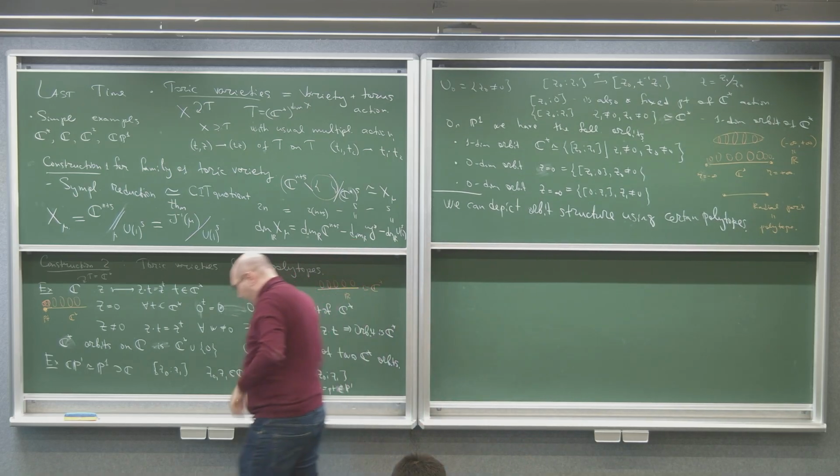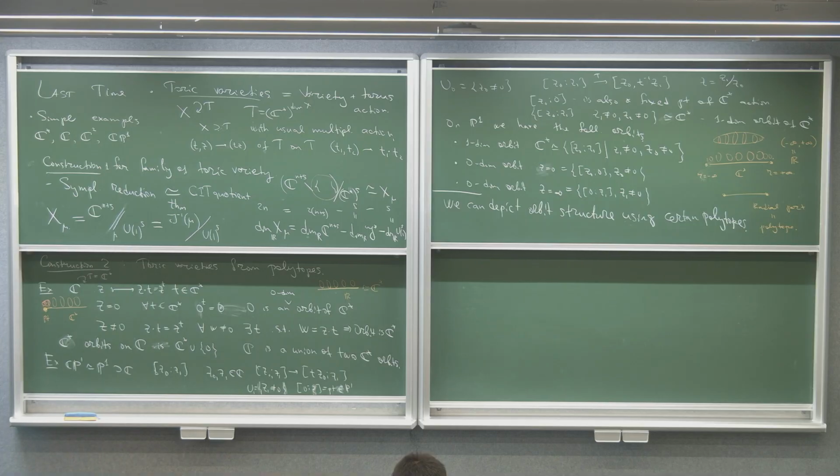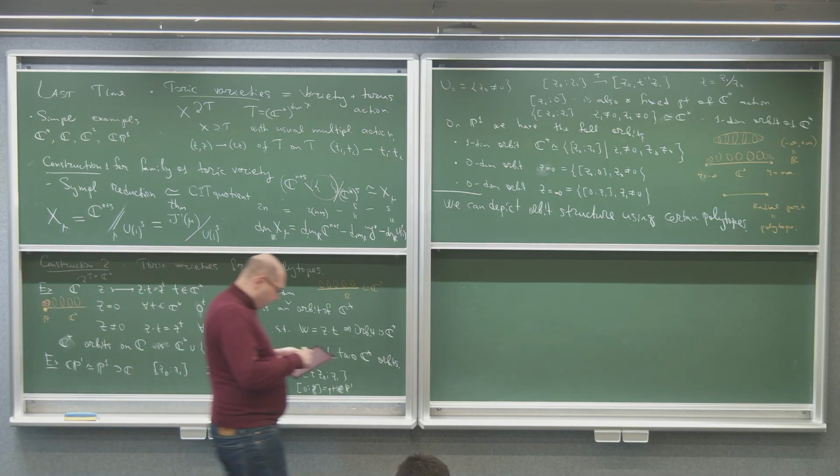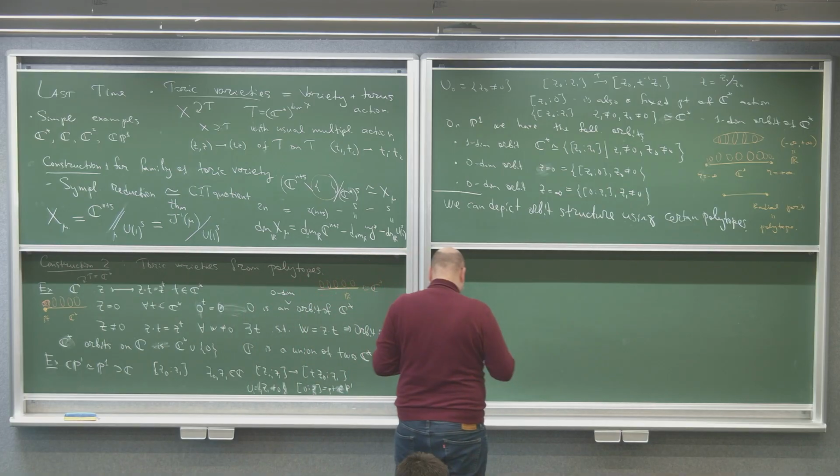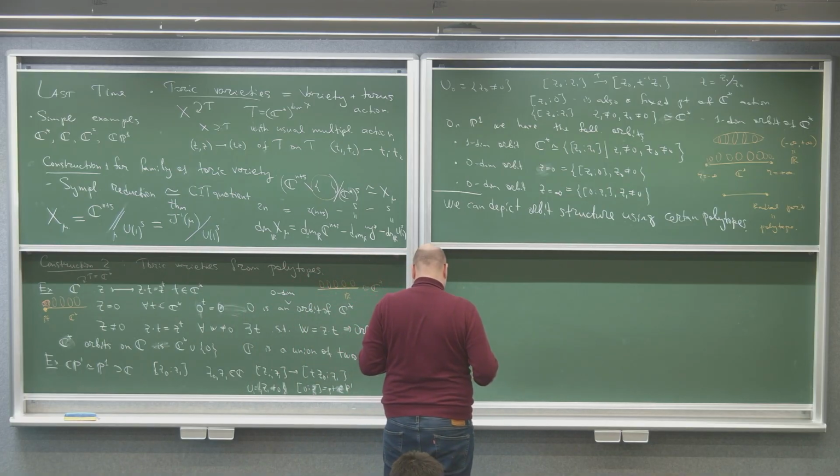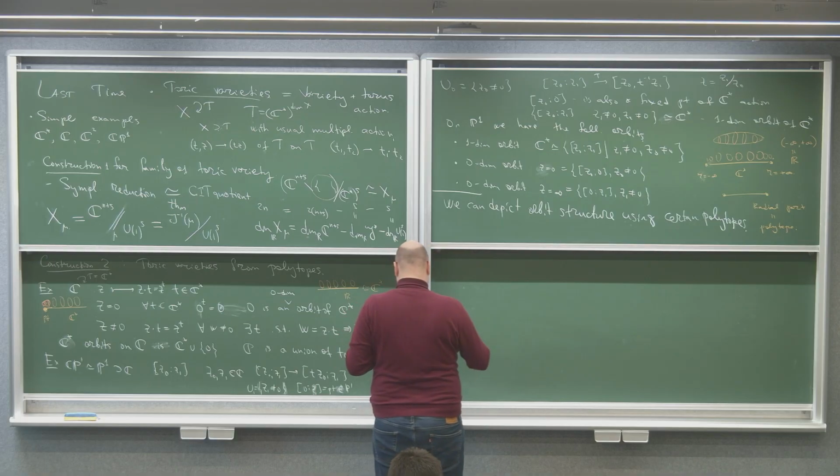So now let me give you a formal definition of the toric variety from a polytope.